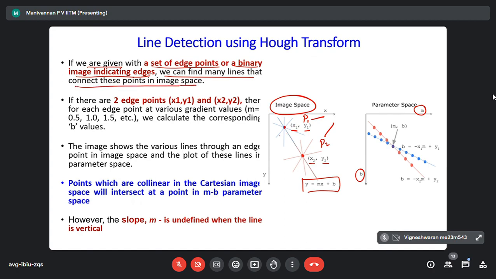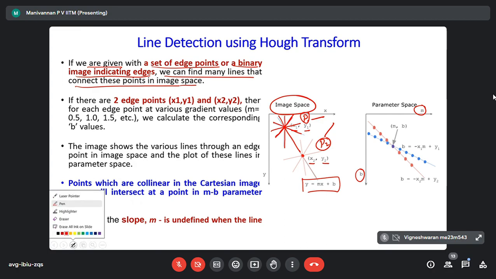You can see that different lines are drawn with different slopes. You can draw an infinite number of lines passing through this point. Here a set of lines is shown passing through this point. Similarly, you can draw for P2 also.